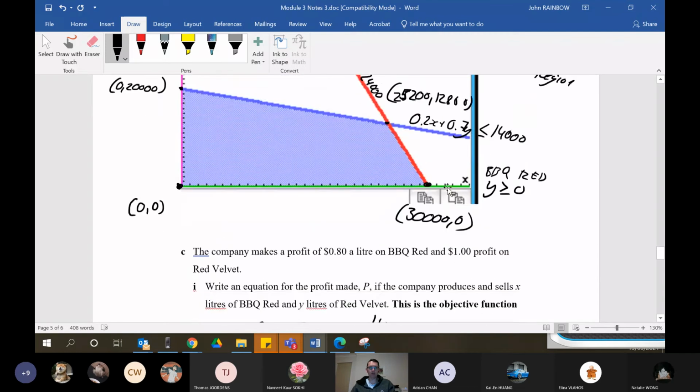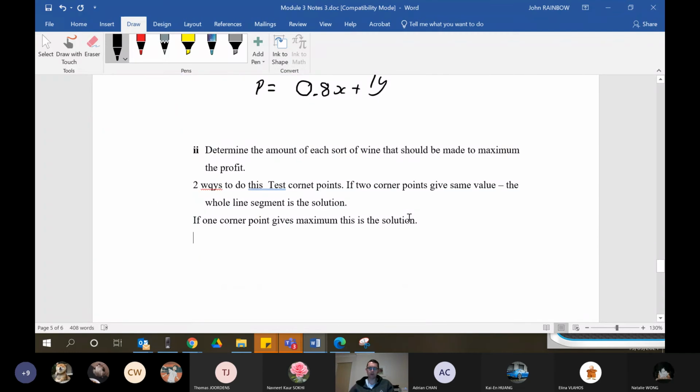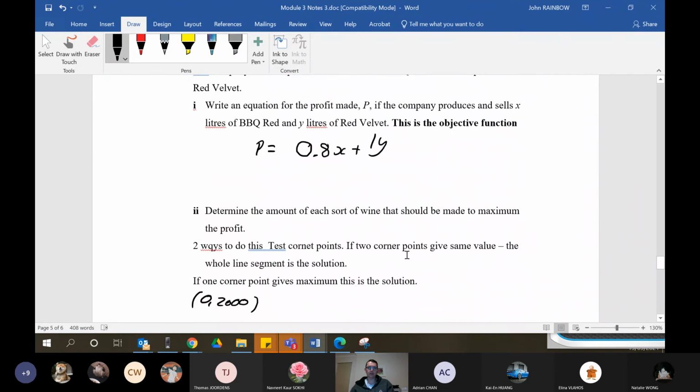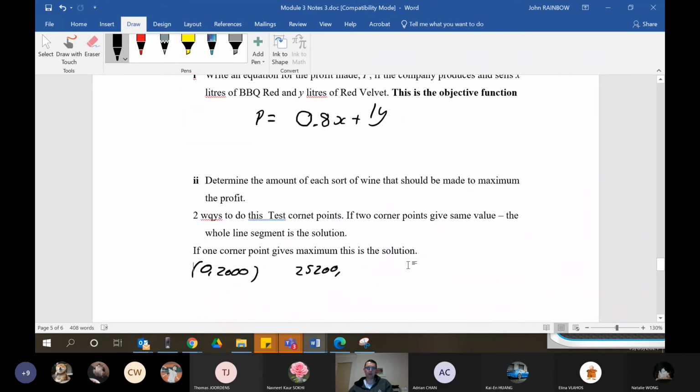Well, we have our corner points. We've got 0 and 20,000, so we've got a few options. We have 0 and 20,000. We also have 25,200 and 12,800 that we can produce litres of each of these.